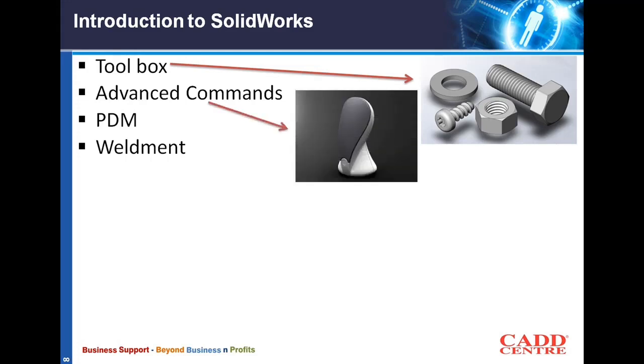The next thing is advanced commands. When you look at this product, I hope you know this is a speaker, and you can see it looks so stylish, where the features are blended, twisted and rotated.